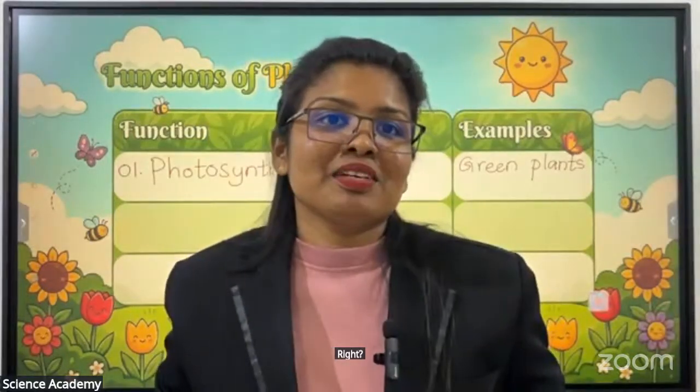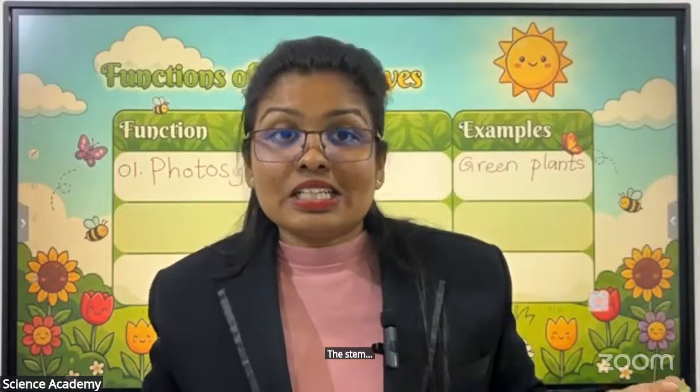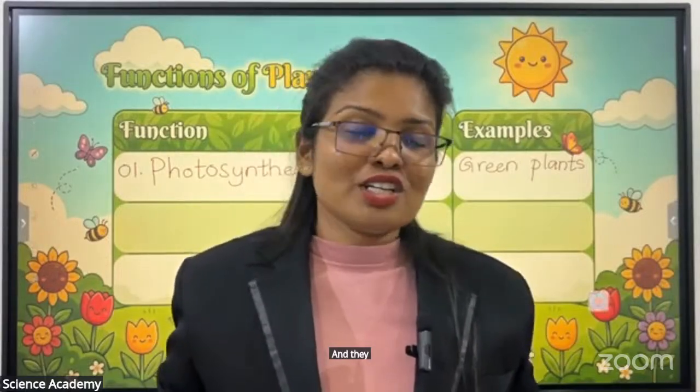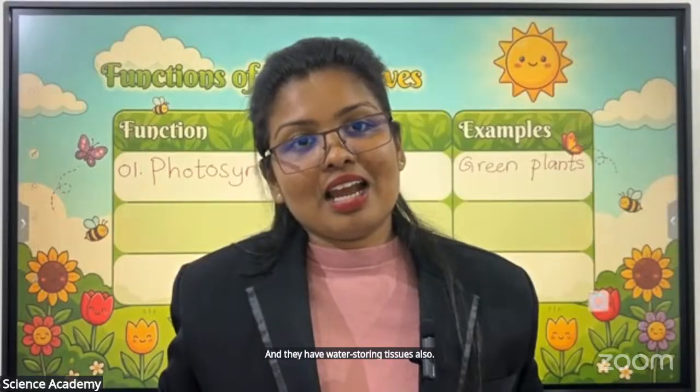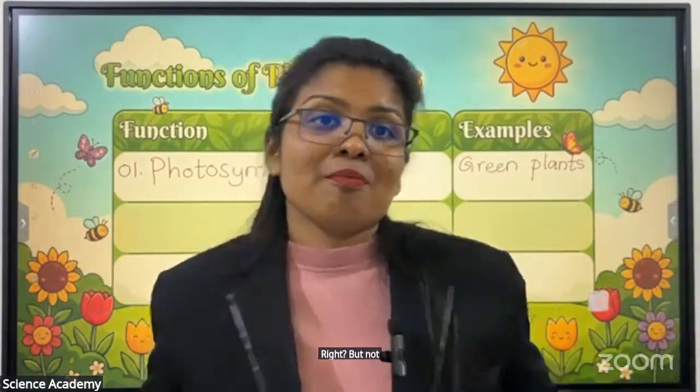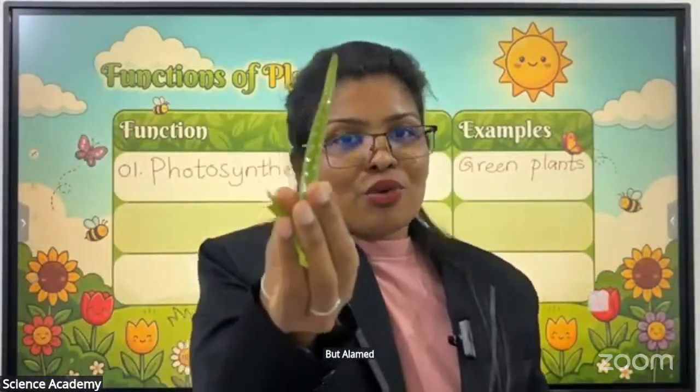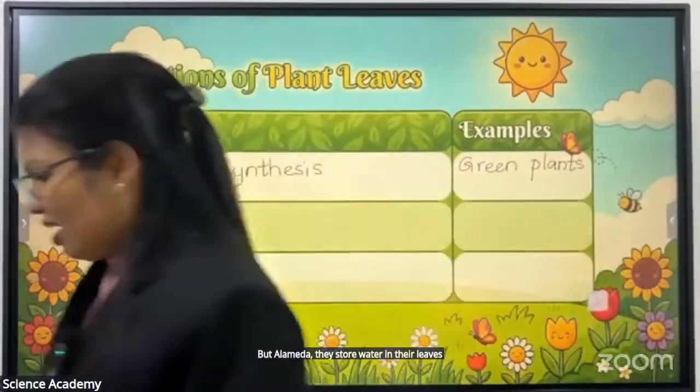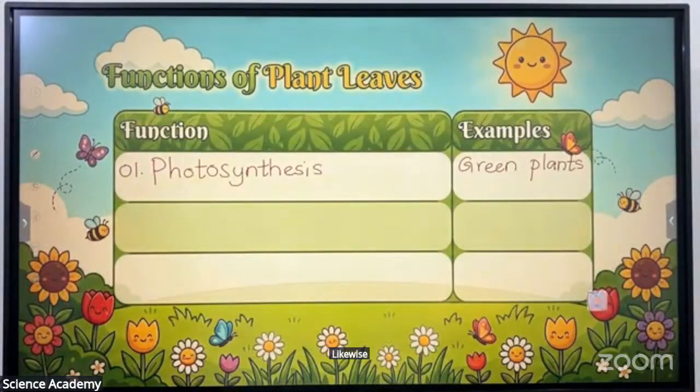The stem is also green in color, and it has water storing tissues too, right? But not in leaves. But aloe vera stores water in its leaves. Okay. Likewise. All right.